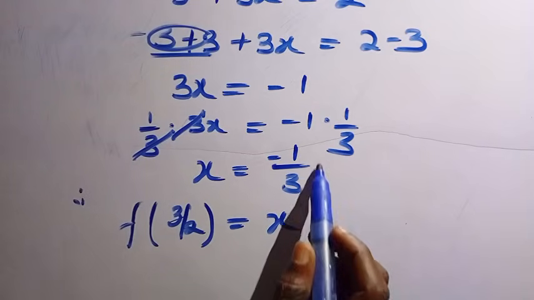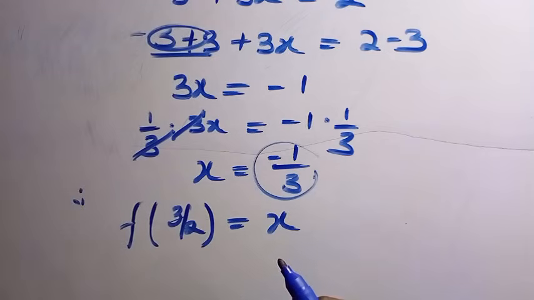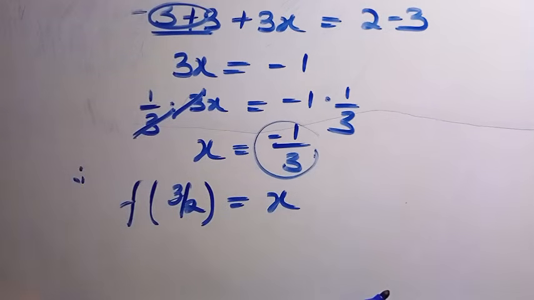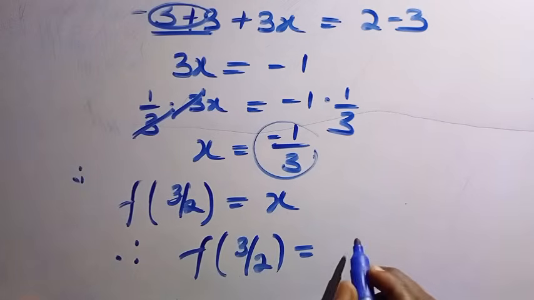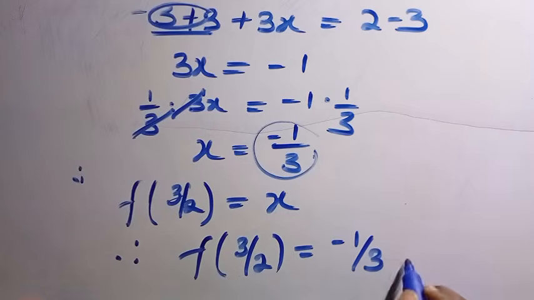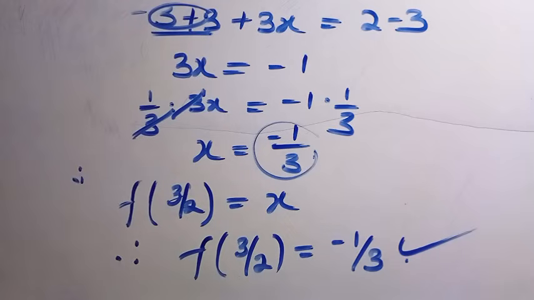But the x here now is given as minus 1 divided by 3. So we replace it, and we get the final answer as f of 3 over 2 equals minus 1 divided by 3. This is one way of solving this beautiful question.